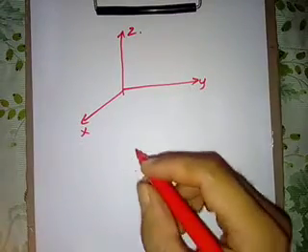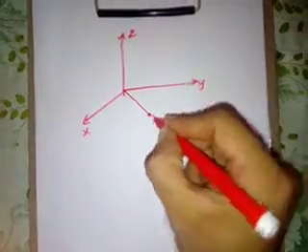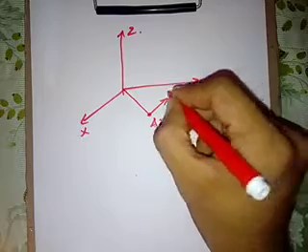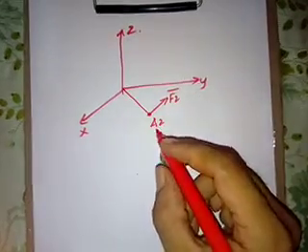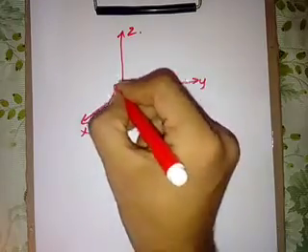Consider the rotating force acting at A2 in this direction, F2 bar. This arm distance is R2 bar, and this is the origin.